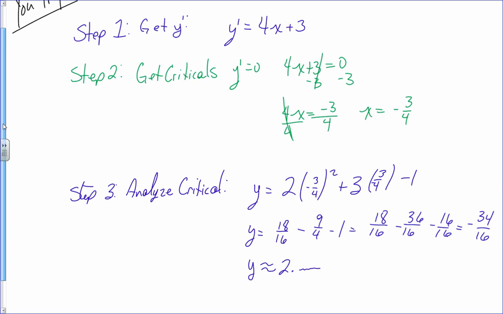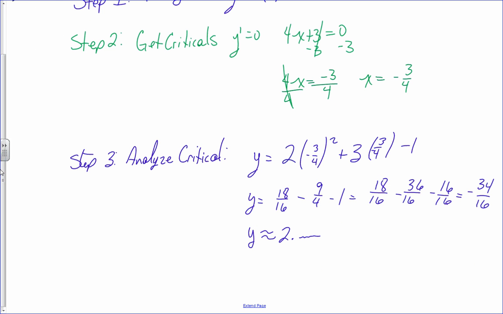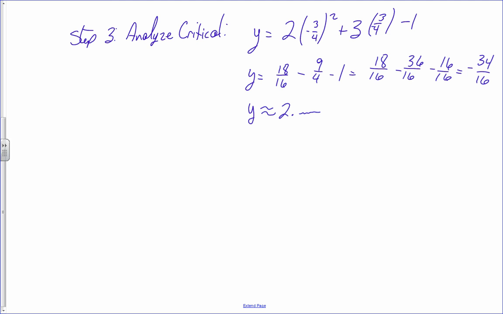All right, so now to find out if it is a maximum or a minimum, we want to try something close to x equals negative 3/4. Let's try x equals negative 1.